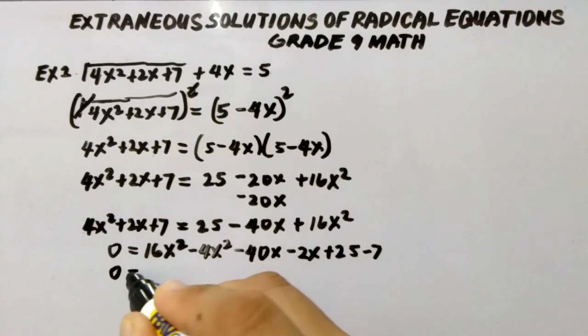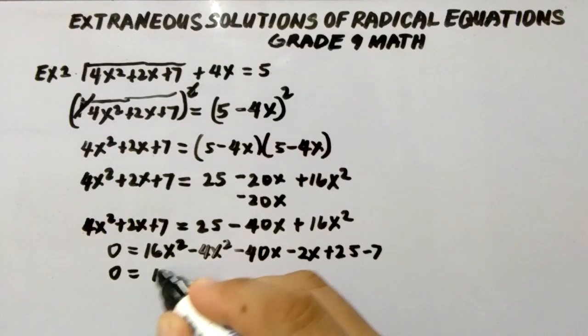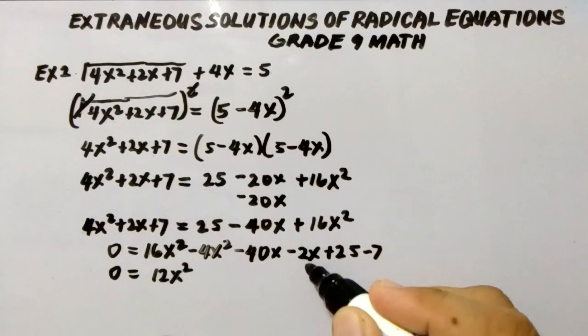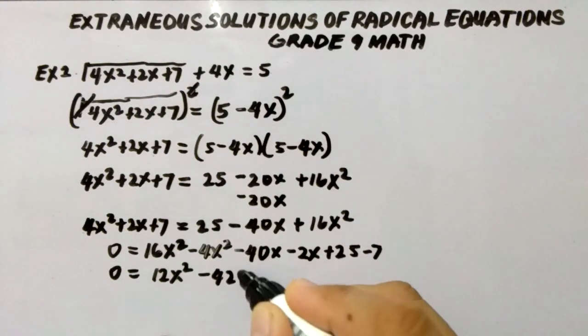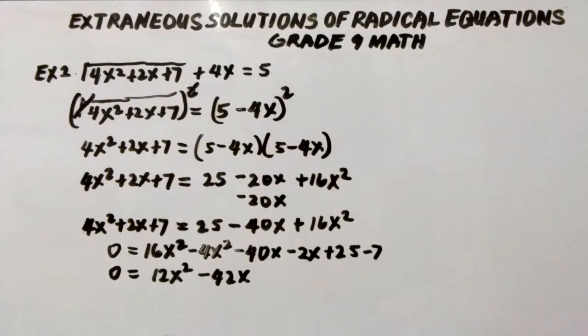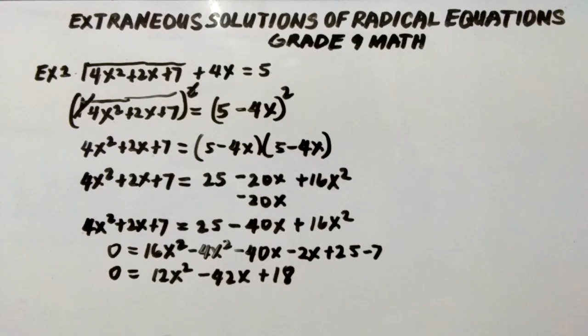So, we have 0 is equals to, so 16x squared minus 4x squared, that is 12x squared. The negative 40x minus 2x, that is negative 42x. Then, 25 minus 7, that is positive 18. Okay.